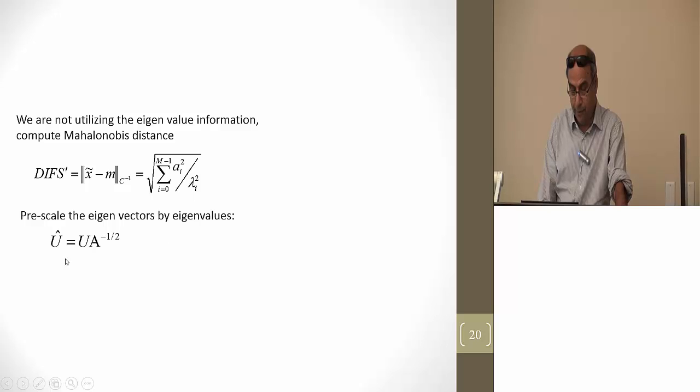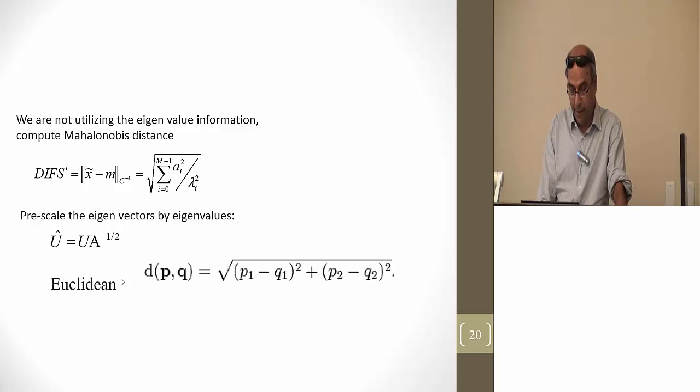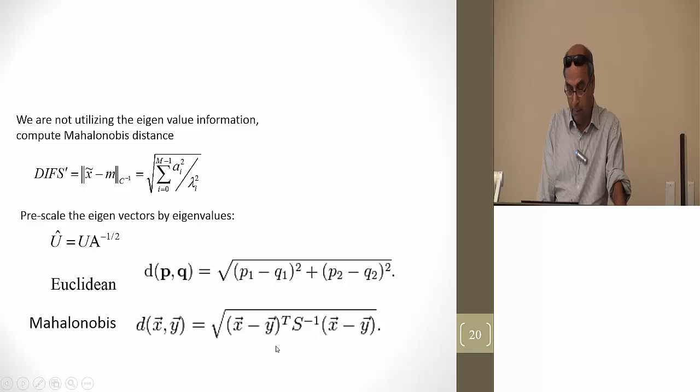So therefore, we are going to take these eigenvectors and pre-scale with the eigenvalues. The simple standard way to find distance between 2 points is Euclidean distance. But the Mahalanobis distance is weighted by this matrix S, and that's a diagonal matrix which will have these eigenvalues.